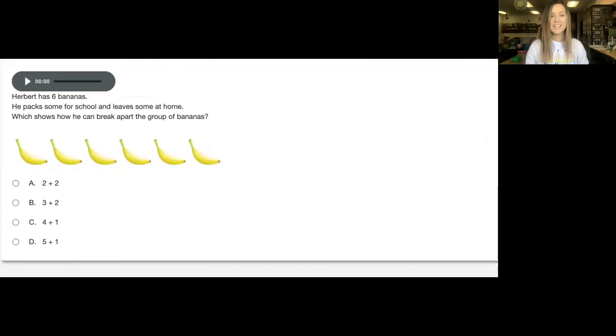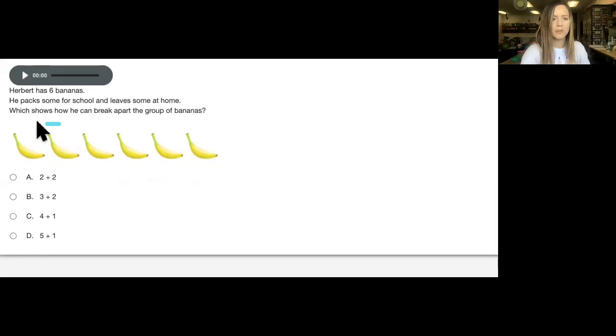It's time for another practice question. Our next question says, Herbert has 6 bananas. He packs some for school and leaves some at home. Which one shows how he can break them apart? Well, we have to check out the answer choices. Choice A says 2 plus 2. Let's try that. We have a group of 2 plus 2. Did that break apart our 6 bananas?